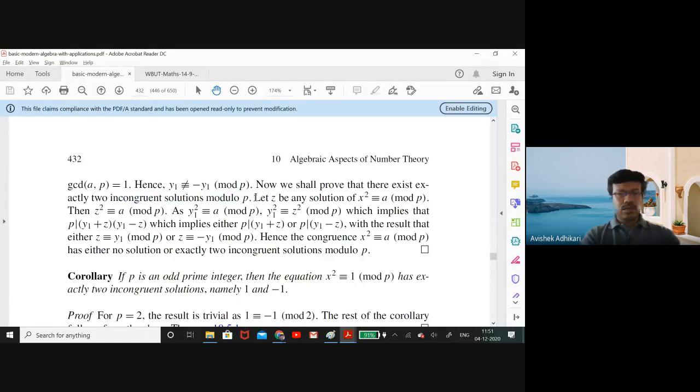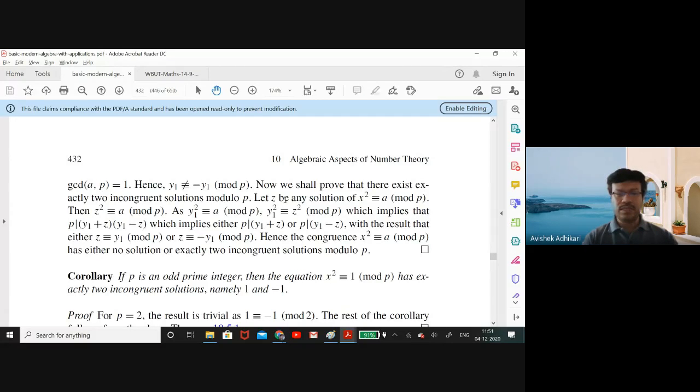Suppose there exist more. That means let z be any solution of this. Let us try to prove that if I am able to show that either z is congruent to y1 or z is congruent to minus y1, then we are done. The logic is like this: I need to show exactly two.